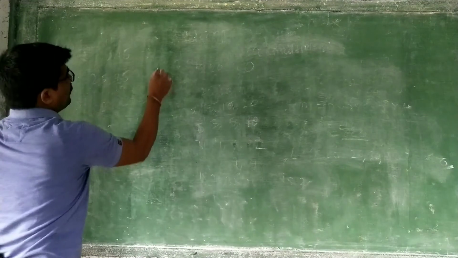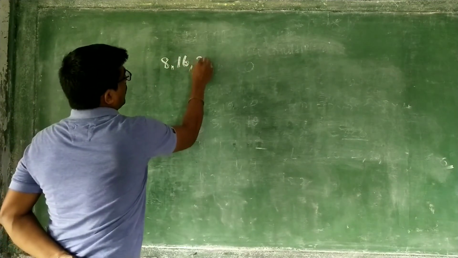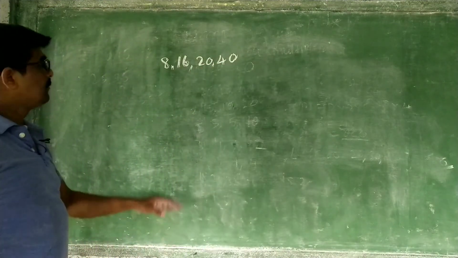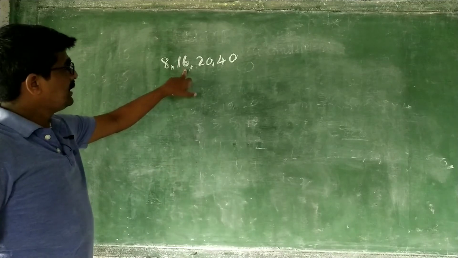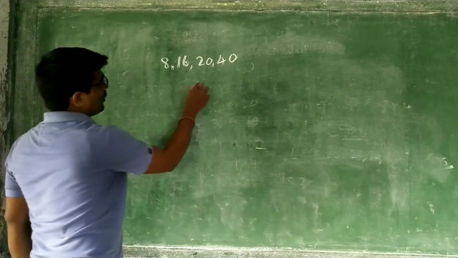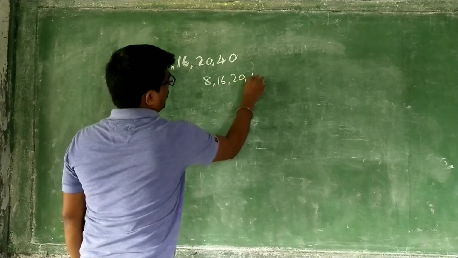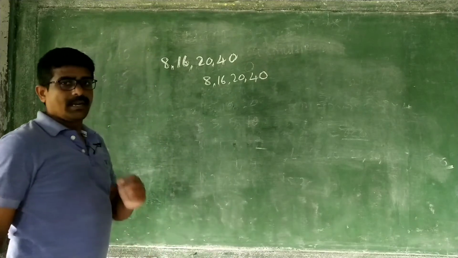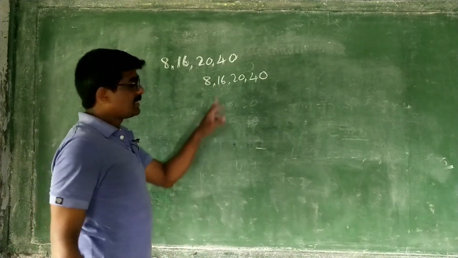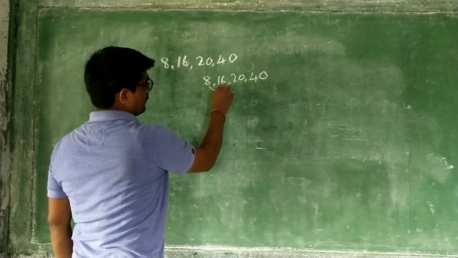Find the LCM of 8, 16, 20 and 40. Simple thing: 8 and 16. 16 is a multiple of 8, so the LCM is 16.